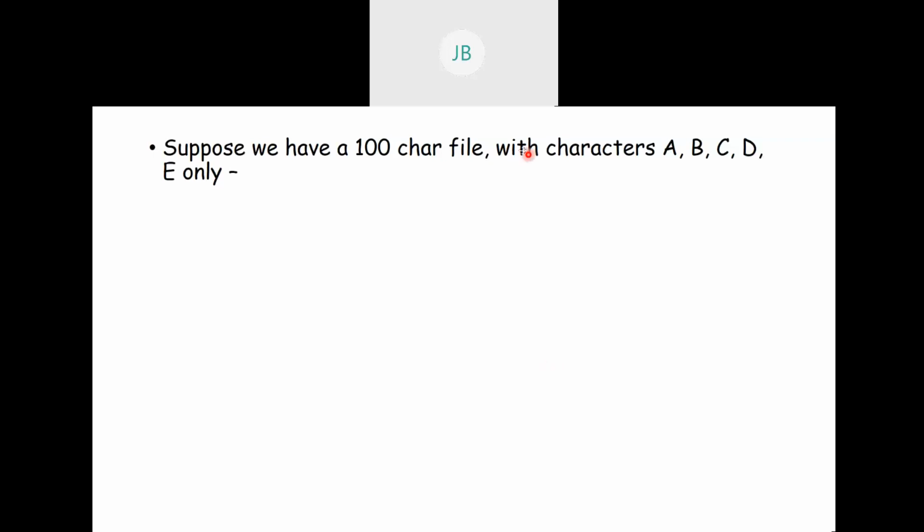Suppose we have 100 characters, and the characters are A, B, C, D, E. Here A occurs 45 times, and the remaining symbols B, C, D, and E occur 11 times each. So out of 100 characters, A appears 45 times, and the remaining 55 times, these four characters appear 11 times each.